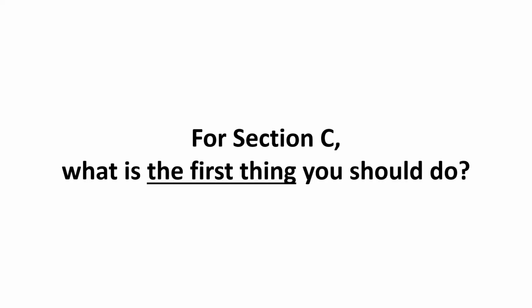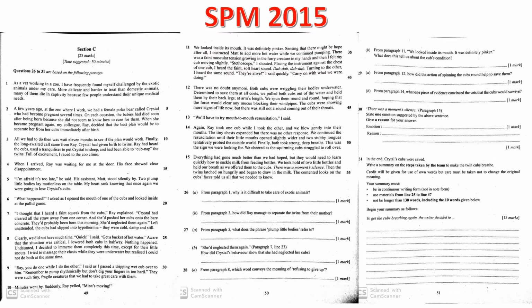So, are you ready to begin? Before we begin, I have one question for you. When you receive Paper 2, when you receive Section C, what is the first thing you should do? Let's say you receive this paper.